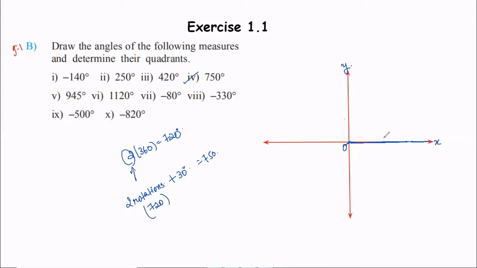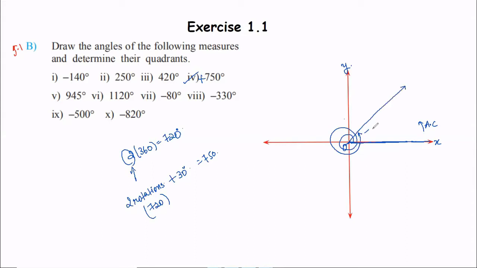So we will start from the positive x-axis again because the angle is positive, no negative sign. The direction of rotation will be anti-clockwise. So one rotation, two rotations, and then you have to plot 30 degrees more. So somewhere over here, you will get your angle.